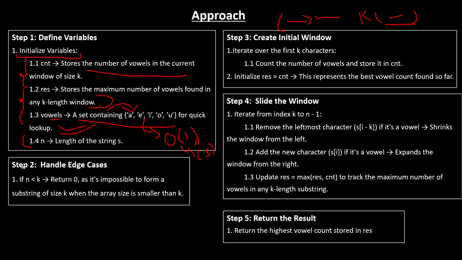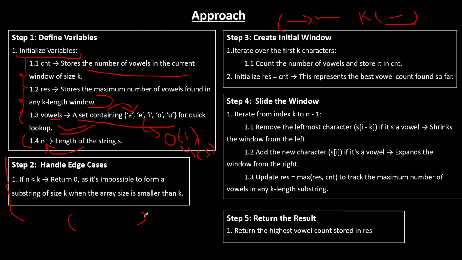Now we stored the length of the string in n just for our iteration purposes. Now there could be an edge case where k becomes greater than n. The given k value could be greater than n. We should keep in mind that a substring is a part of the original string.